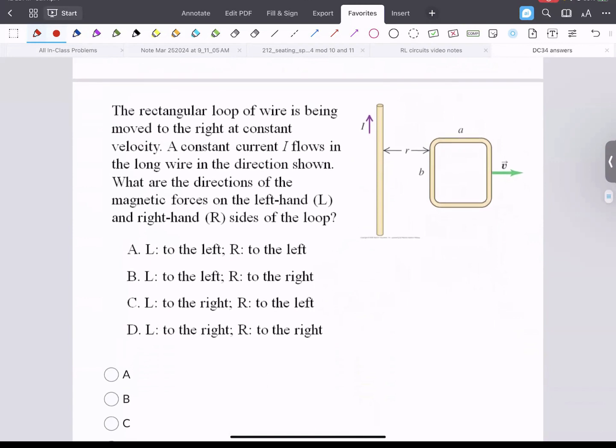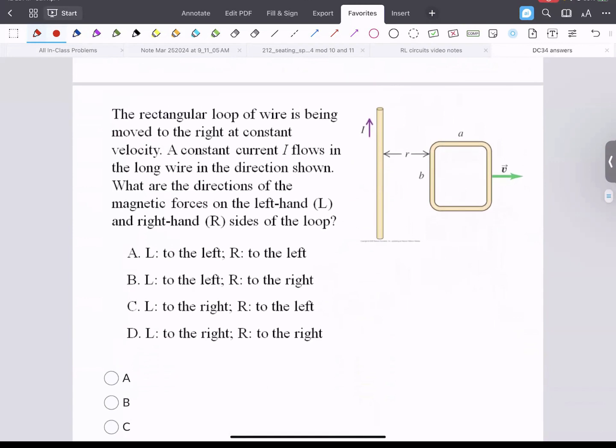Okay, and then in this case, it's asking about the magnetic forces on the left-hand and right-hand sides of the loop. Just to clarify, over here would be my left-hand side, and over here would be my right-hand side.